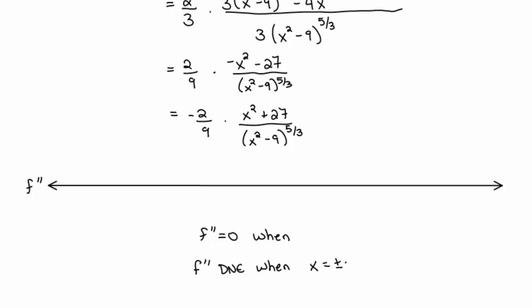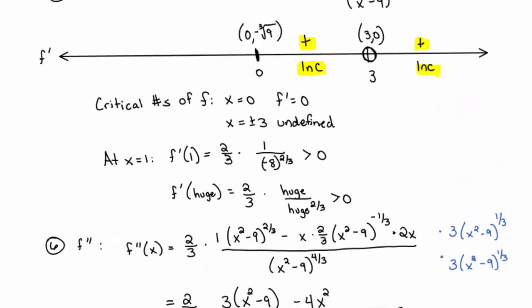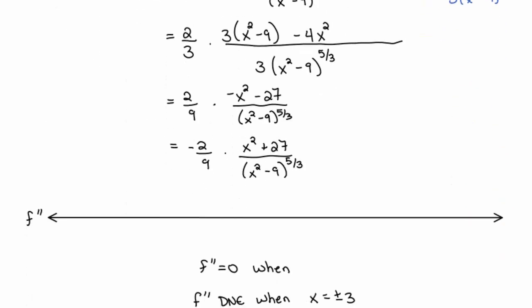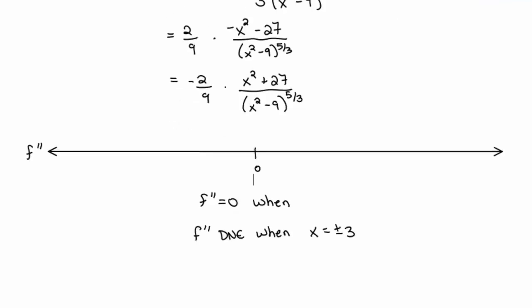Now remember, recall from our discussion with f prime here, since we have even symmetry, I'm only worried about the right-hand side of 0, that is. So I'll mark 0, even though 0 is not technically a critical point here, or where the second derivative is 0, nor is it where the second derivative does not exist.